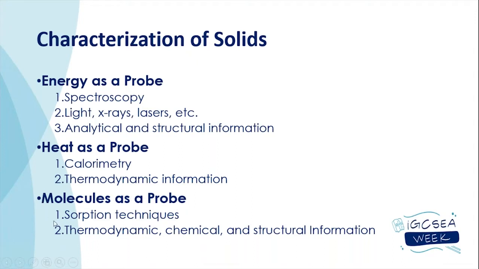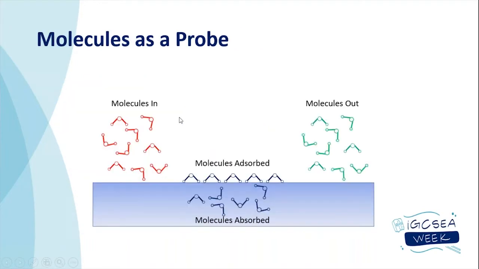In particular, inverse gas chromatography and other surface energy techniques and other adsorption techniques use molecules as a probe. So we're going to use how a molecule interacts with either the surface or the bulk of a material, and how those molecules adsorb or absorb, and then how they desorb, can determine a lot of physicochemical, structural, and bulk information about the material of interest. So we're using how a molecule interacts with the surface to learn about the surface of the material.